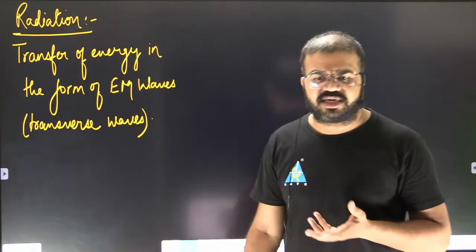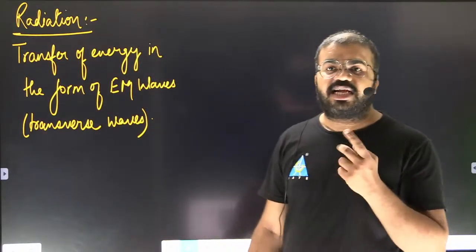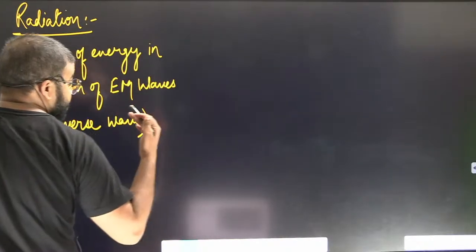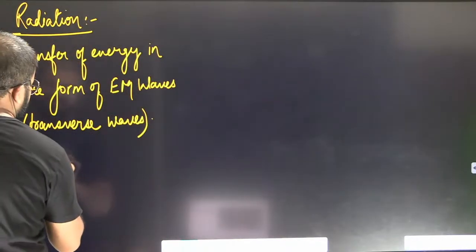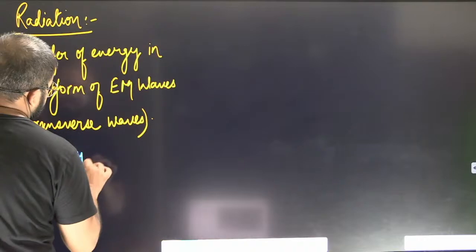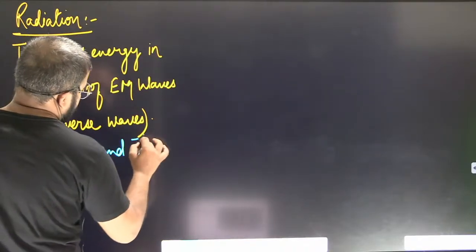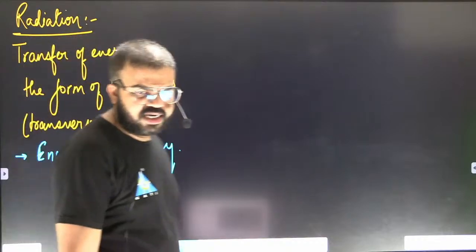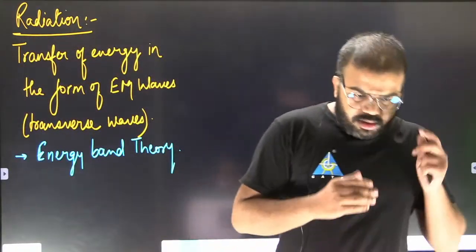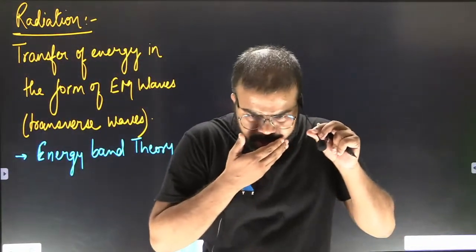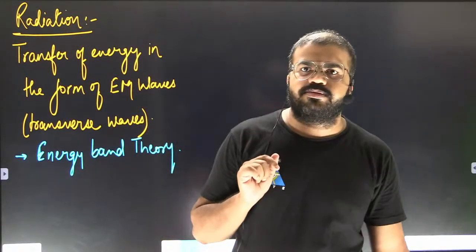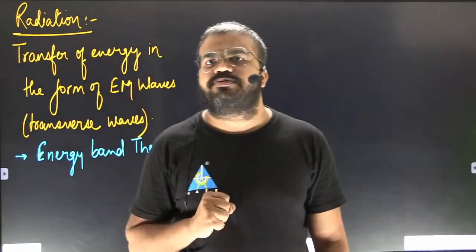Right. So the transfer of energy is in the form of electromagnetic waves. Why are these electromagnetic waves formed? Their formation can be described on the basis of energy band theory, 12th standard. You remember energy band theory? Suppose there is a particle that receives heat.